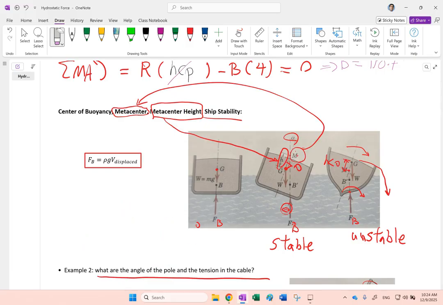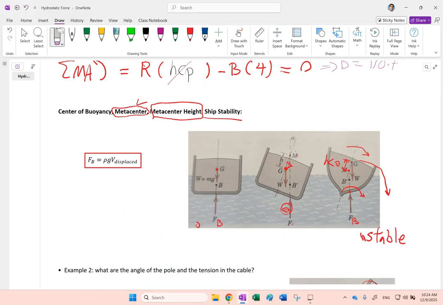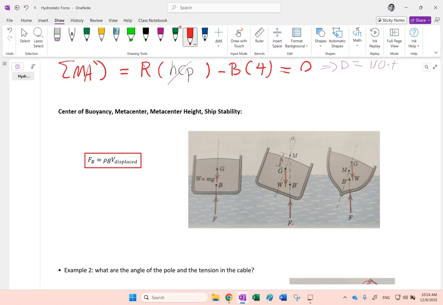Where does the buoyancy force act? That's the question that we need to look at, and then we can go and answer the question. So where does it act? The answer is this. The buoyancy force is passing through the centroid of the displaced volume.